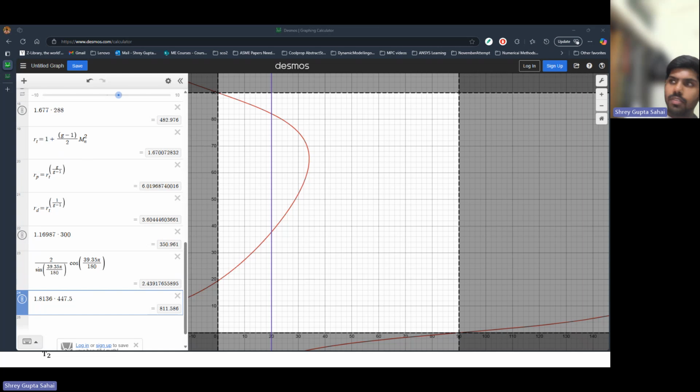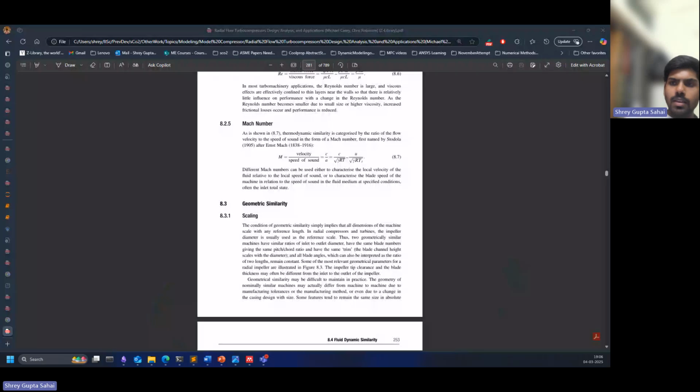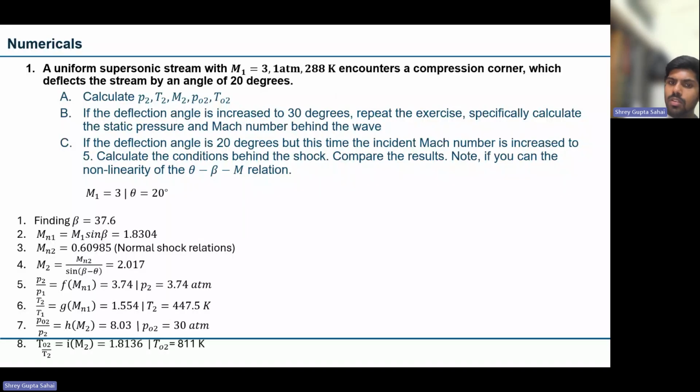Let me just check if these numbers are okay or not. So these are the new numbers. 30 is okay. 3.74 is also fine. 447 is also okay. M2 is fine. 2.0 is also fine. T naught is 806. Yeah, all the values are close enough.